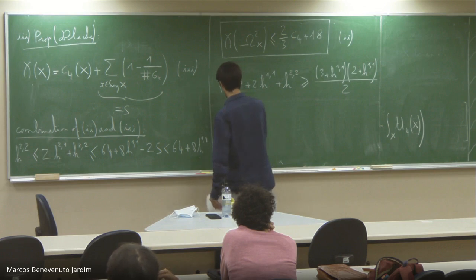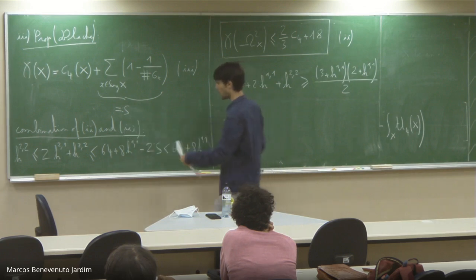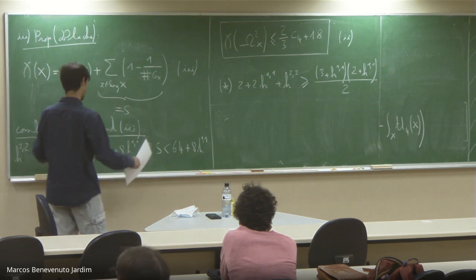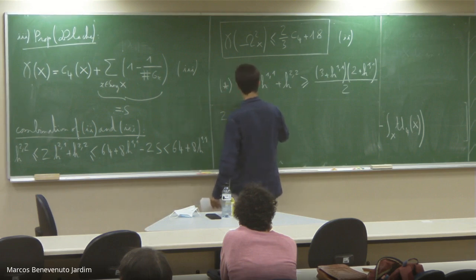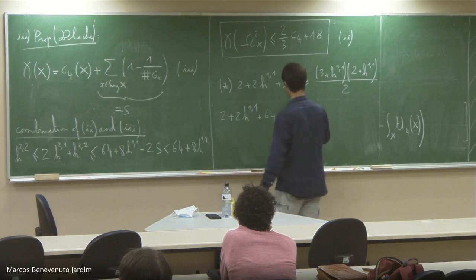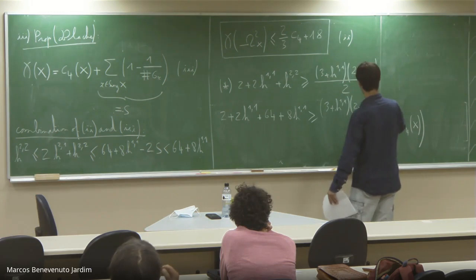And then we obtain the... I don't know if I need to explain this maybe. Here the H22 is smaller than that, so I can just rewrite 2 plus 2H11 plus 64 plus 8H11 is now equal to 3 plus H11 plus H11.